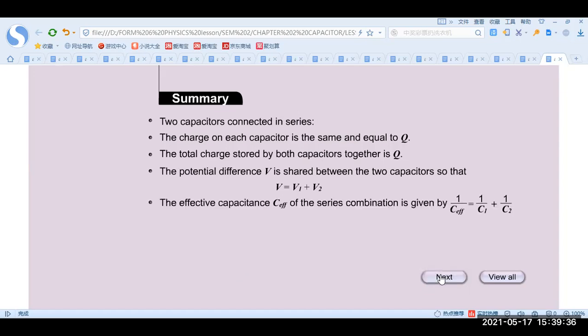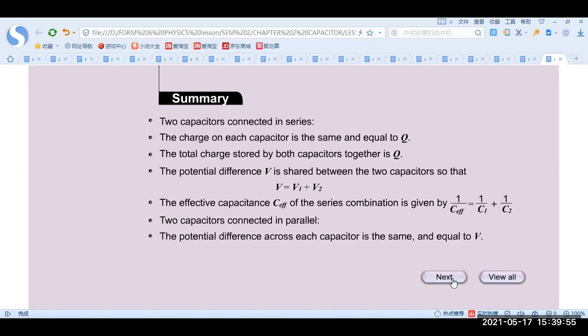In series, the effective capacitance is given by 1 over C equal to 1 over C1 plus 1 over C2. Next, if the two capacitors are connected in parallel, the potential across each capacitor is the same.